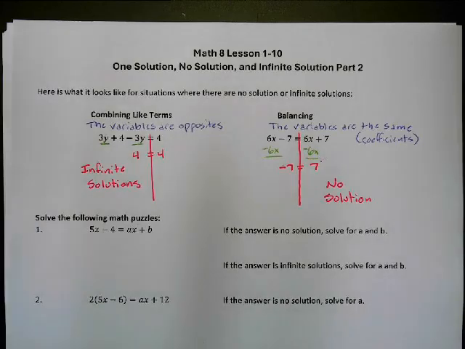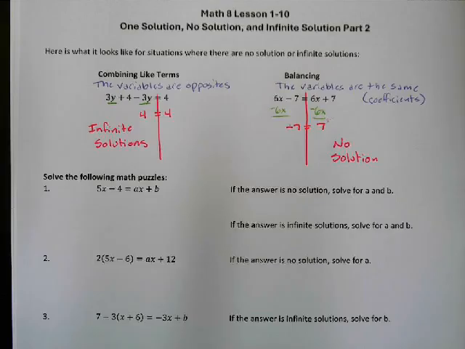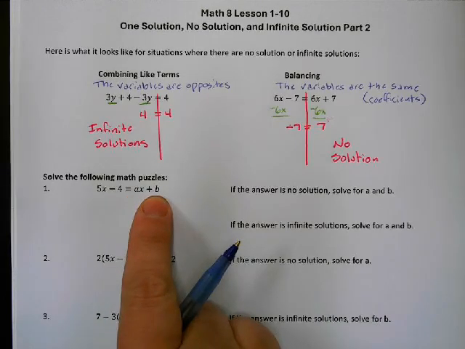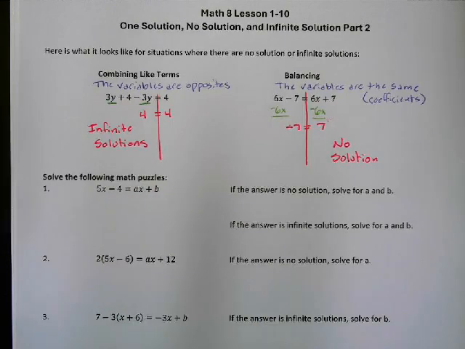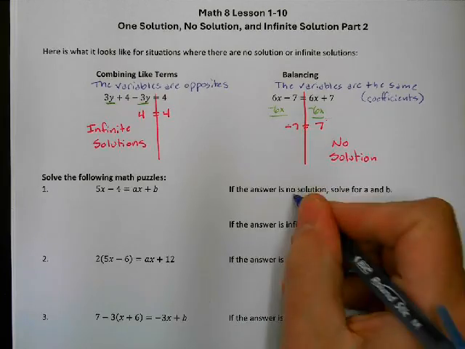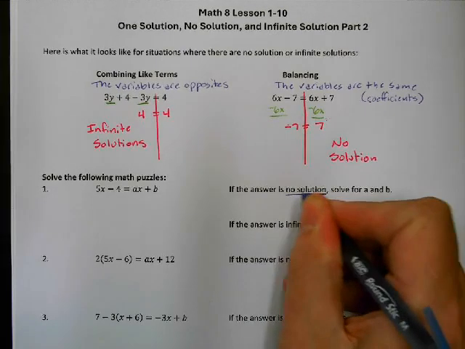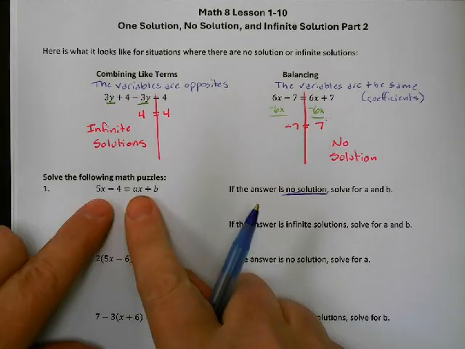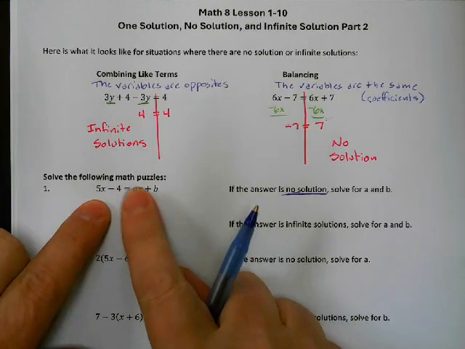All right, so let's do some math puzzles here. So I've got 5x minus 4 equals ax plus b. If the answer is no solution, solve for a and b. Okay, so this is a balancing problem. I got x's on this side and x's on this side.